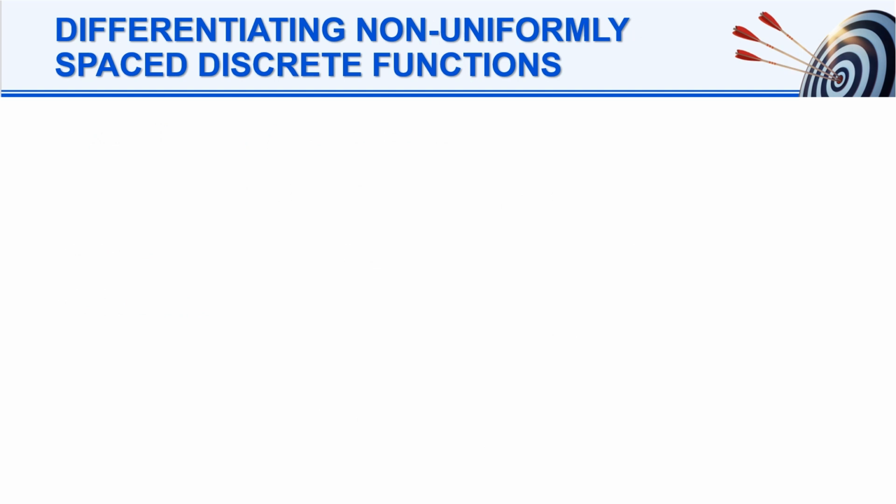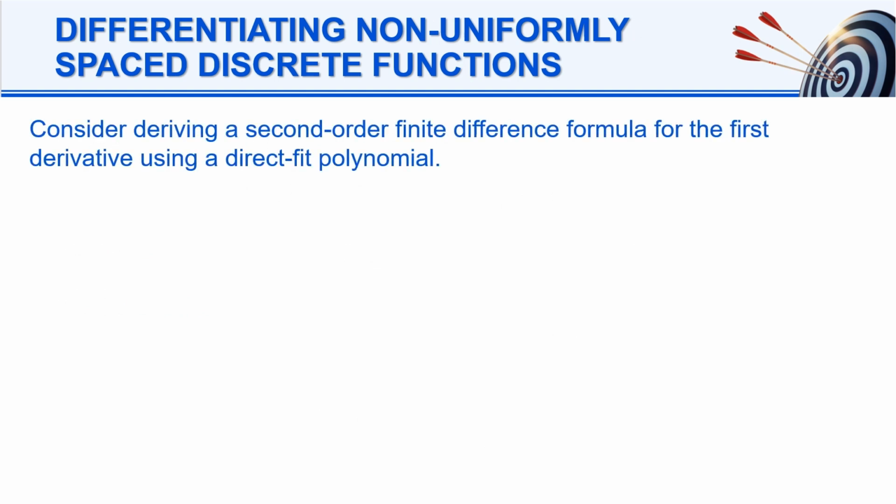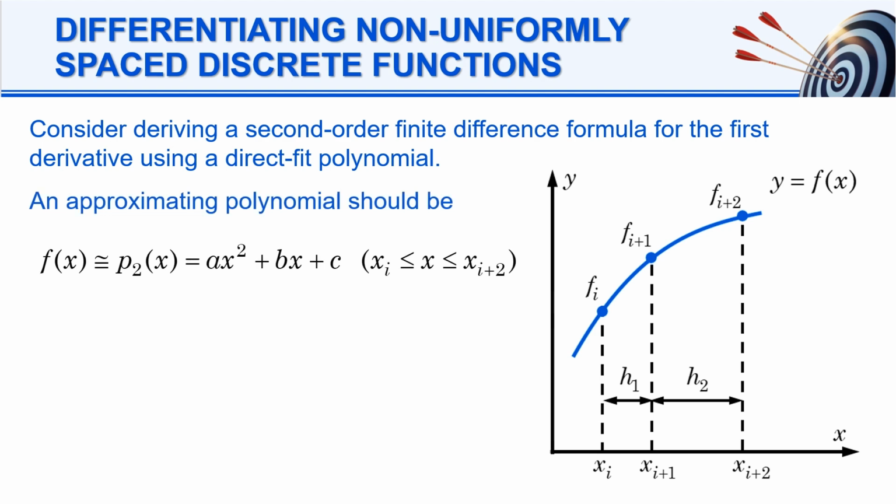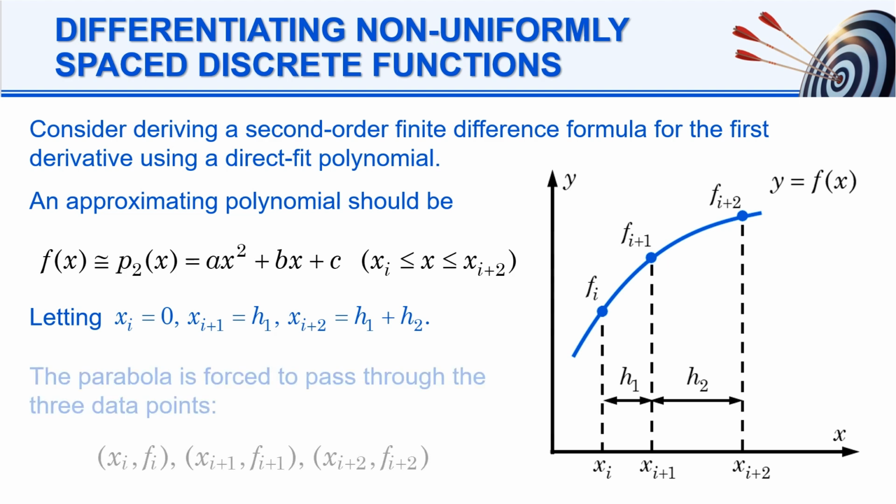Consider deriving a second-order finite difference formula for the first derivative using a direct fit polynomial for non-uniformly spaced data. An approximating polynomial should be a parabola. The parabola is forced to pass through the following 3 data points.